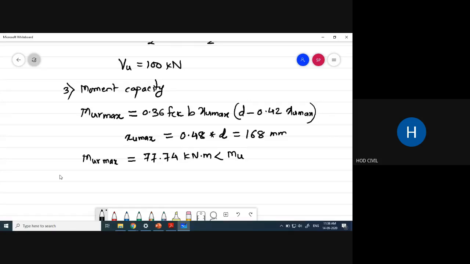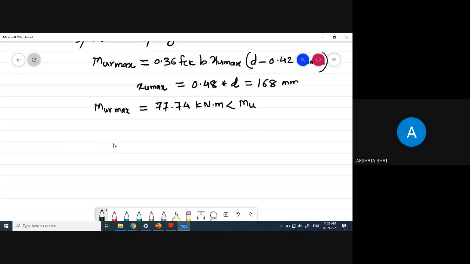What does it indicate? What is the meaning of this statement? Design as doubly reinforced. Yes. So design the beam as a doubly reinforced beam.